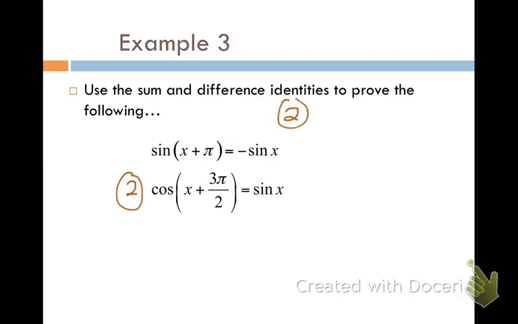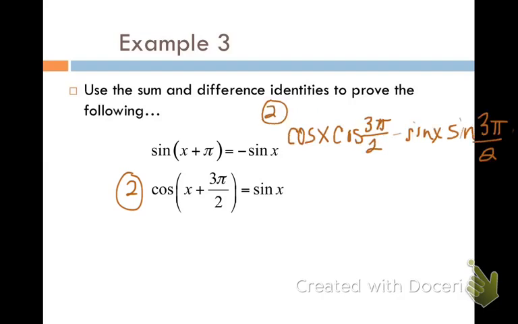Taking the second identity to prove, we're going to use the sum of cosine. Remember to use the opposite sign in between the two terms. Sorry, I ran out of room there. I can't evaluate cosine of x or sine of x, but I can evaluate the other parts of the term.